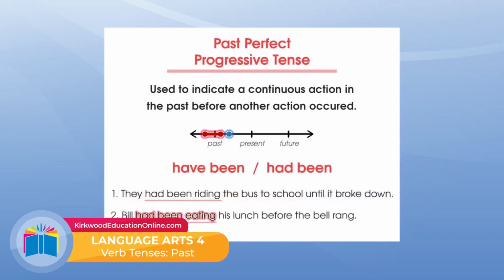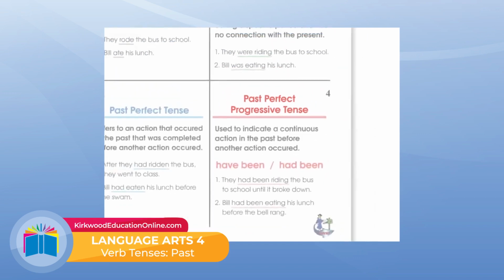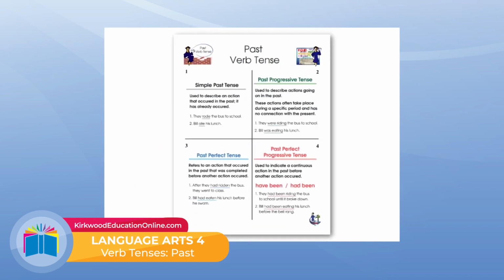Bill had been eating his lunch before the bell rang. Bill had been eating his lunch, a progression, a process of action. That action ended before the bell rang. Now these are all variations of the past tense.